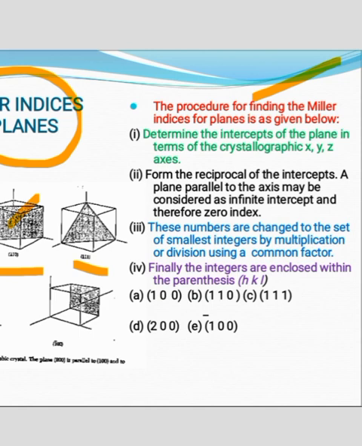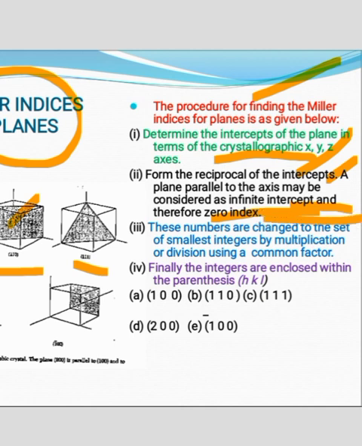The procedure for finding Miller indices for planes is given below. Determine the intercepts of the plane in terms of the crystallographic XYZ axes. Form the reciprocals of the intercepts; a plane parallel to an axis may be considered to have an infinite intercept and therefore a zero index.